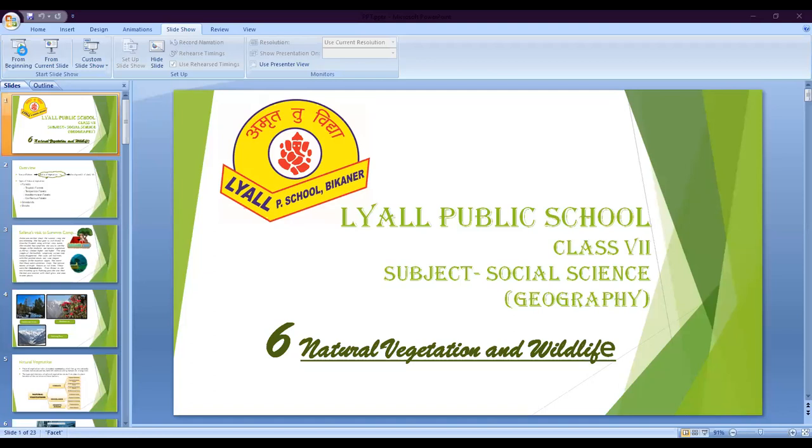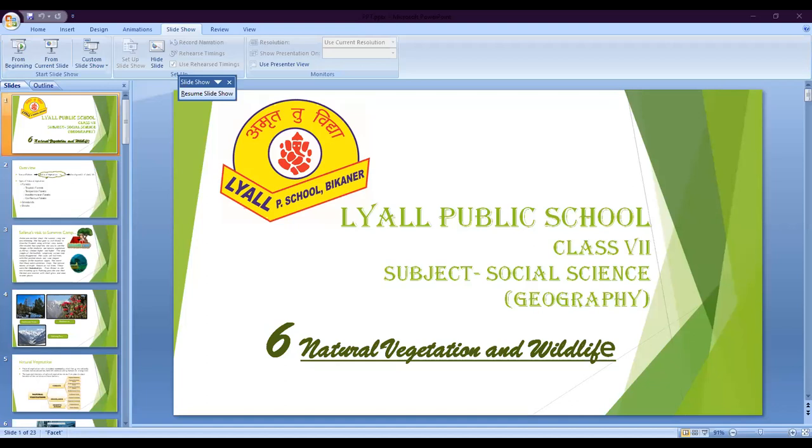We understood the term natural vegetation with the help of Salima's visit to summer camp, and after that we talked about the three types of natural vegetation: forest, grasslands, and shrubs. Under forest, we discussed tropical evergreen forest or tropical rainforest. Now our topic today is tropical deciduous forest.